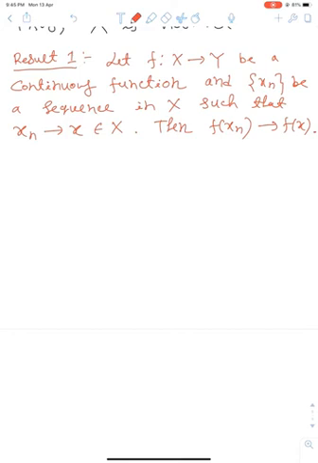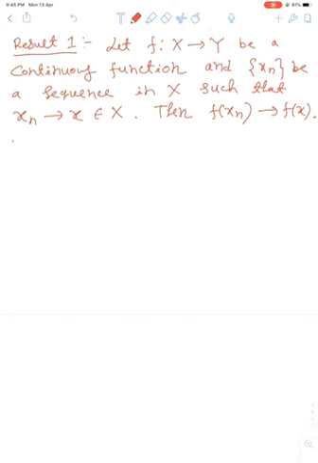Now the proof of this theorem is very simple. If you want to prove it, you can just use the definition of continuity and you will get this result, right? Even you have seen this result in your calculus course as well. So this is the first result. Another result, that is very important, is my result 2.